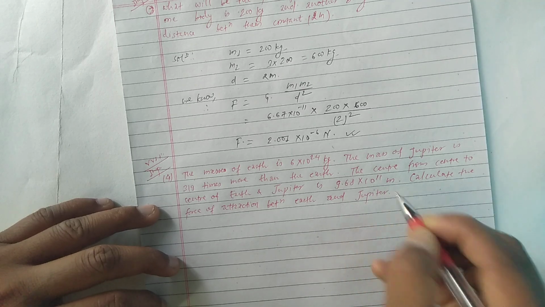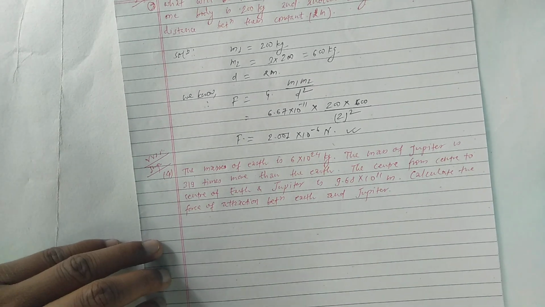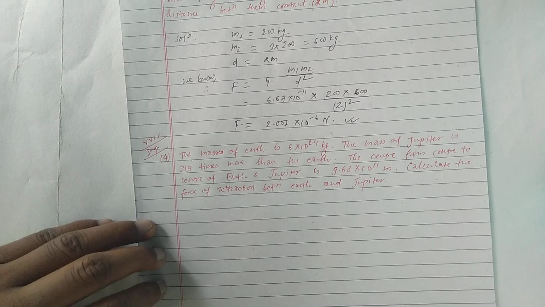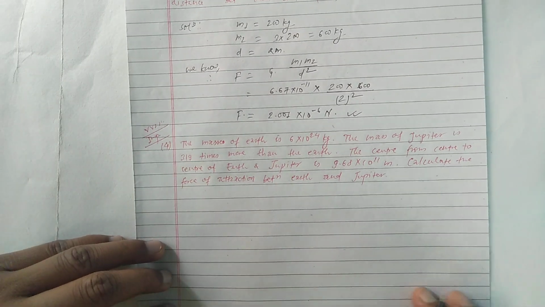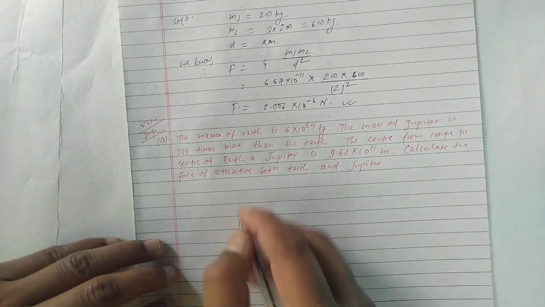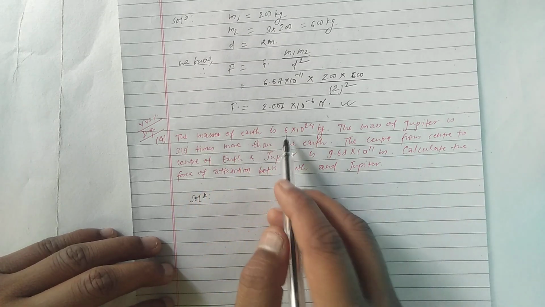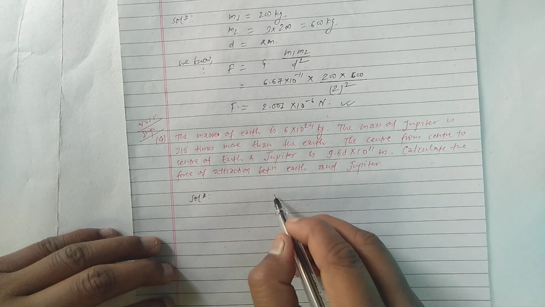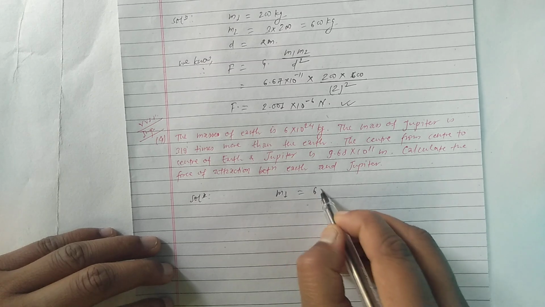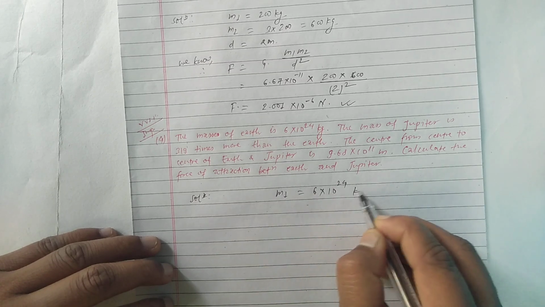Okay, so this is one of the most important questions, and this type of question is repeatedly asked in your final examination. So this is so easy. The mass of Earth, the value of m1, is given as 6 into 10 to the power 24 kg.